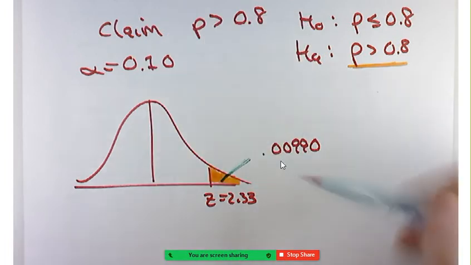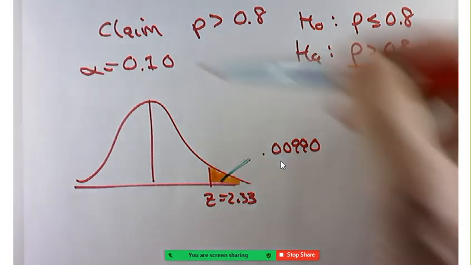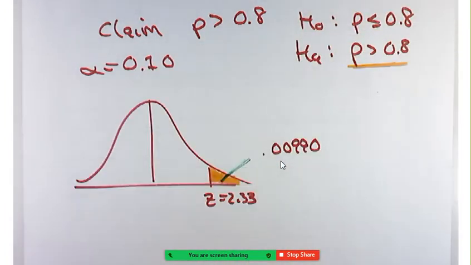Now, the question is, with that p-value, are you going to reject H naught or fail to reject H naught? What are you going to do? What's the rule? In fact, it was actually part of one of our problems earlier.